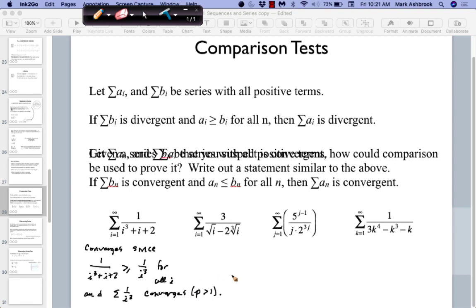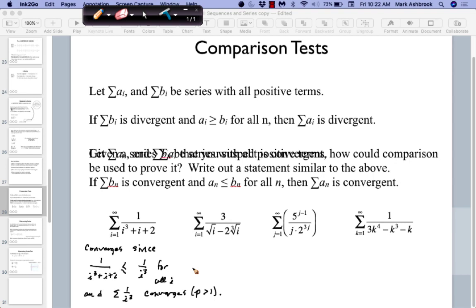Here's a good justification. So this is an example of how you should justify this. I wrote converges since all my terms are less than or equal to, thank you, if you thought that was less than or equal to, all my terms are less than or equal to 1 over i cubed for all i, and that one converges as a p-series with p greater than 1.